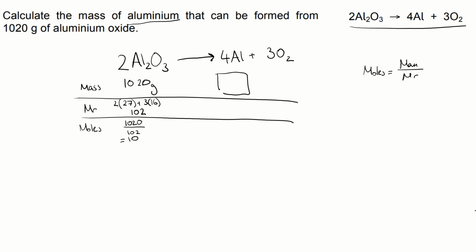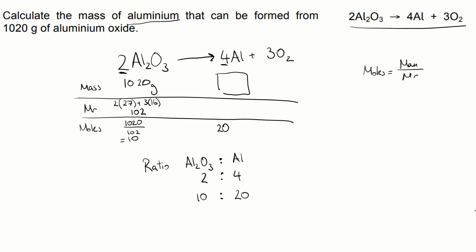Now the next bit we need to do is the big word beginning with R, the ratio, and we look at Al2O3 versus Al. Now the ratio is the numbers in front, the coefficients, so it's 2 to 4. So if we've got 10, then that one has to be 20.